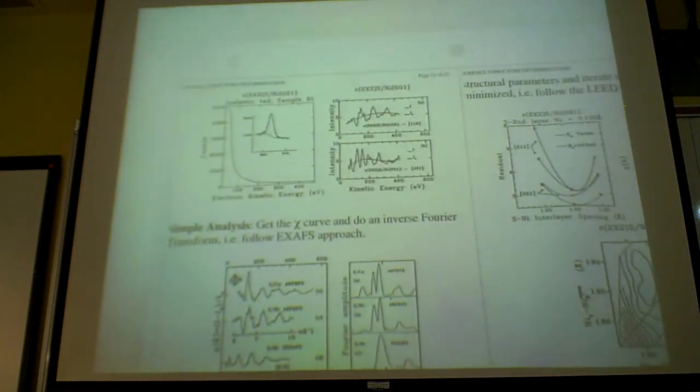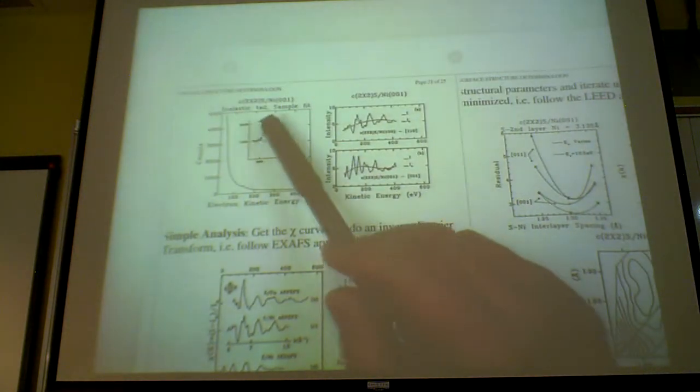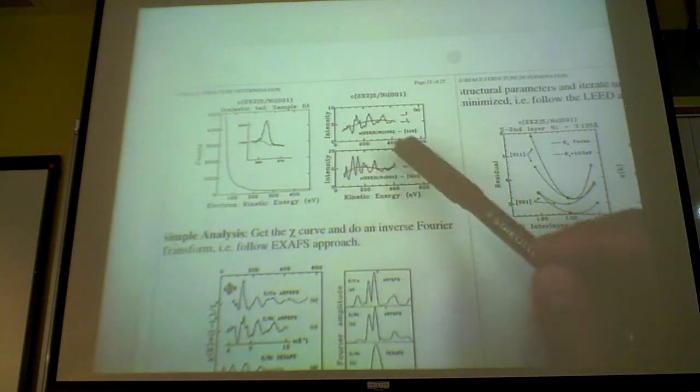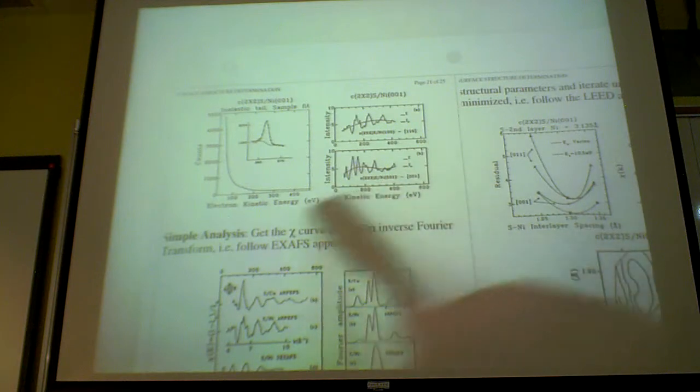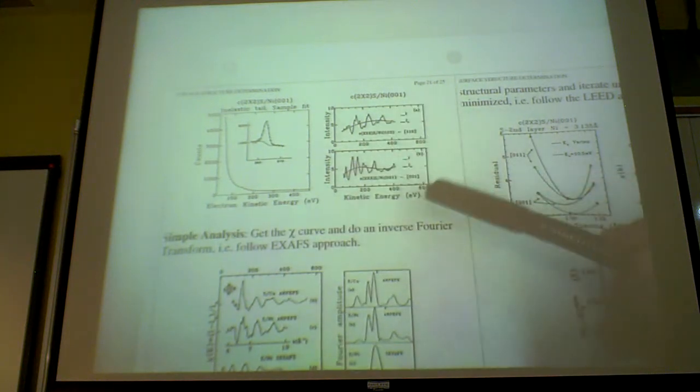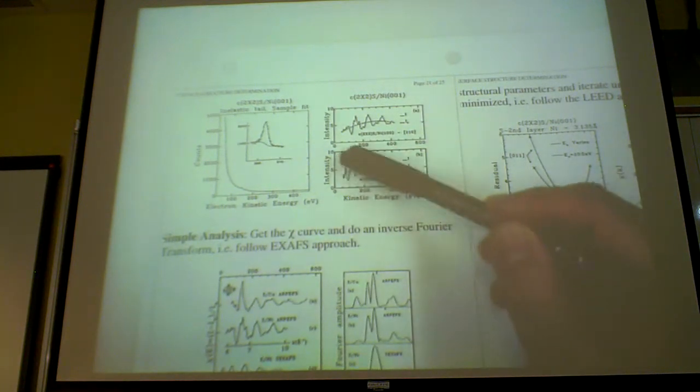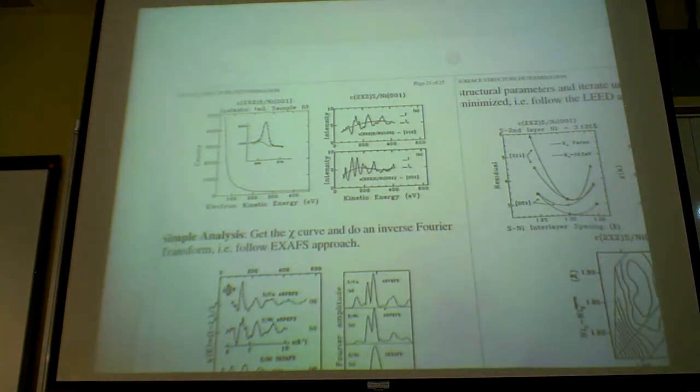It's kind of tough work to do, because you have to measure your photoelectrons. From each of these photoelectron intensities, you build your curve. So you build your kinetic energy curve, and you generate an EXAFS curve like this, right? Similar to what you have in a certain direction, right?